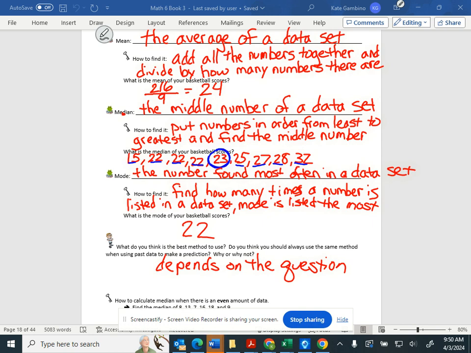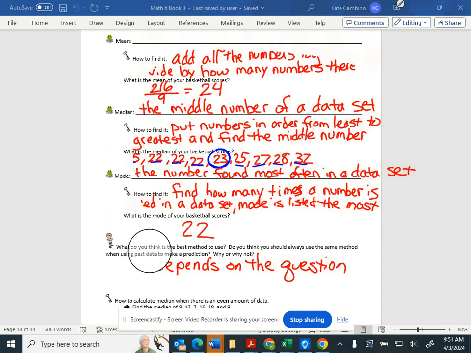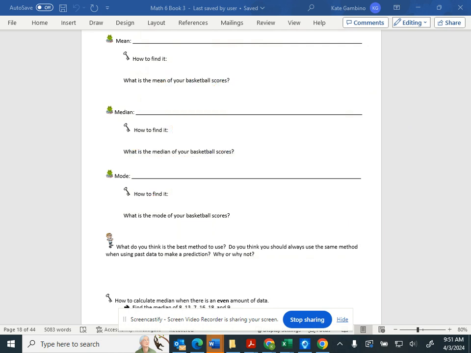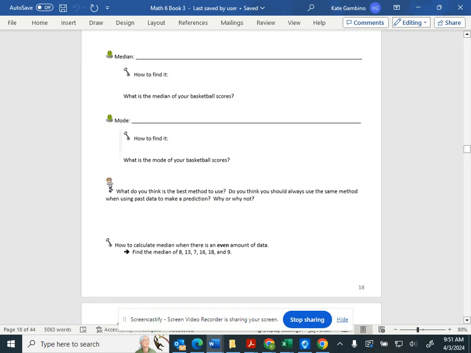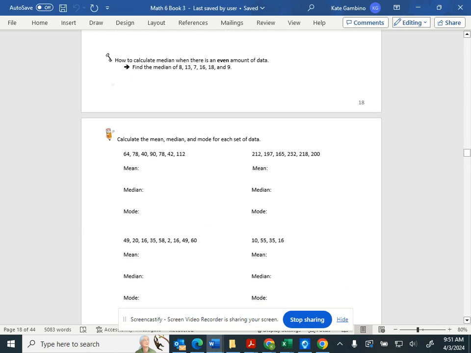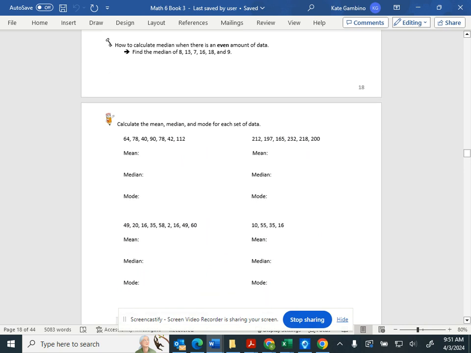So if we look at the very bottom, I already covered this. Let's see who was listening. Calculate how to calculate the median when there's an even amount of data. So we have a data list of 8, 13, 7, 16, 18, and 9.